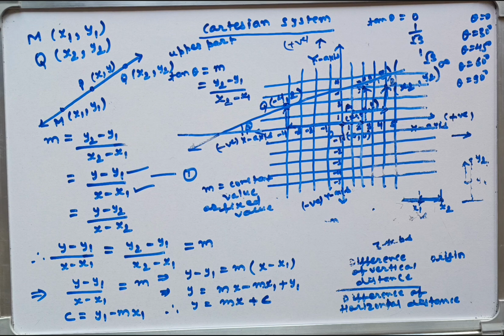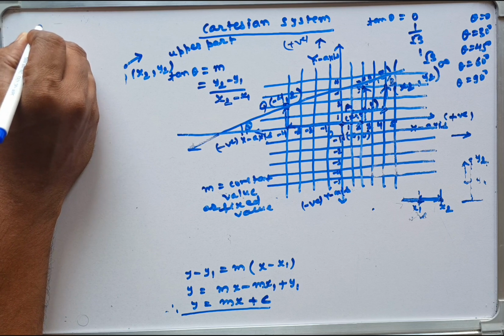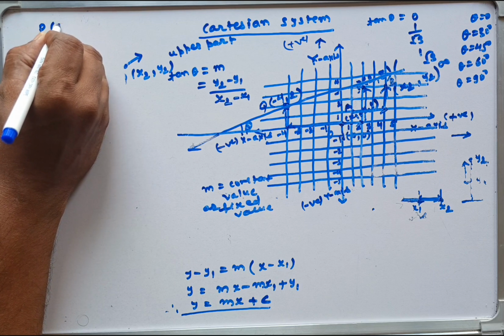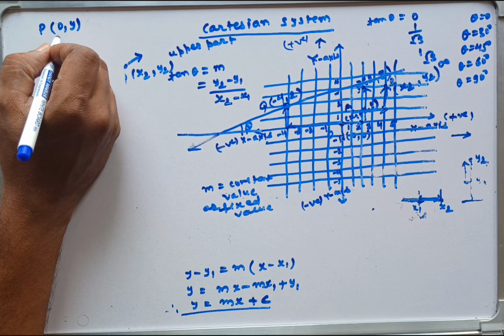Okay guys, next thing, from this equation you can derive where this straight line cuts the y axis, where it cuts the x axis, and whether it is passing through the origin or not. See how you could do this. Suppose this line cuts the y axis at point P whose coordinate will be (0, y). Why is the x coordinate 0 here?